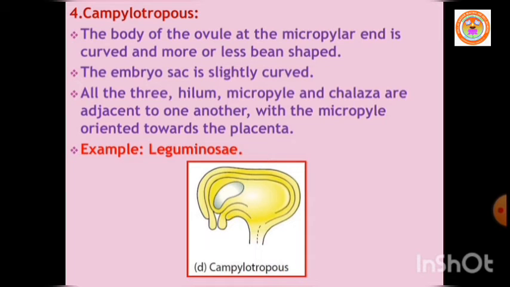Adjacent means nearby, with the micropyle oriented towards the placenta. Placenta is generally the tissue which attaches ovules to the ovary. This campylotropous ovule is commonly seen in Leguminosae members.